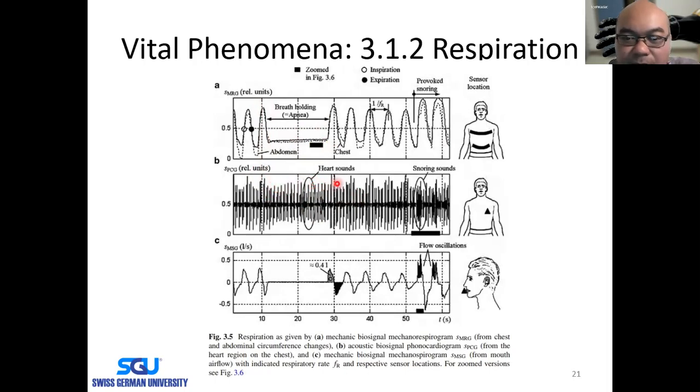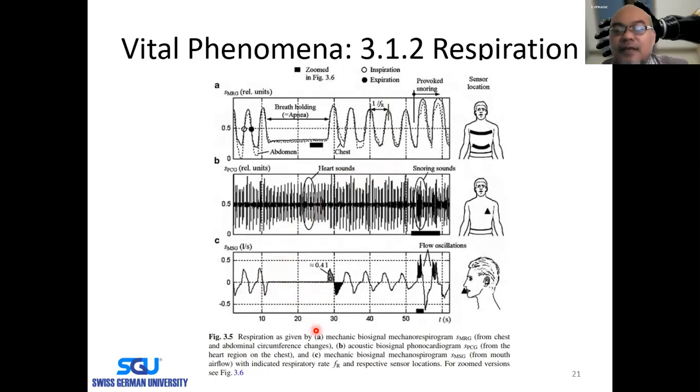When it starts to have the respiratory cycle again, the peak of the sound also varies. This represents the inspiration, and so we can measure the distance between two envelope peaks and then obtain the respiratory rate.